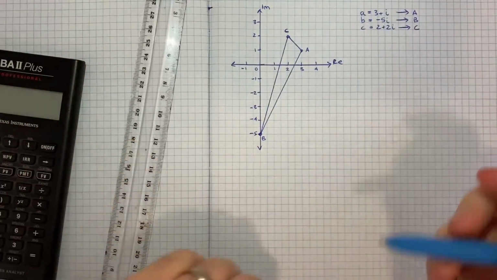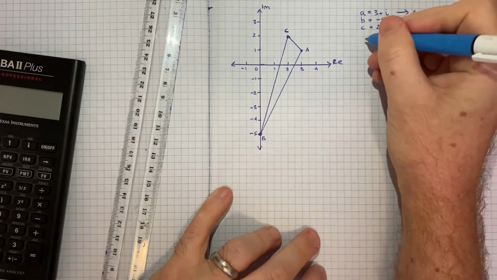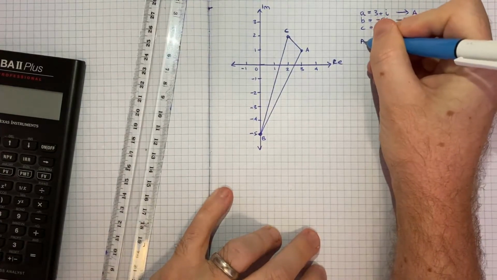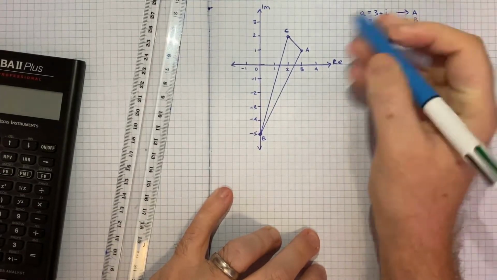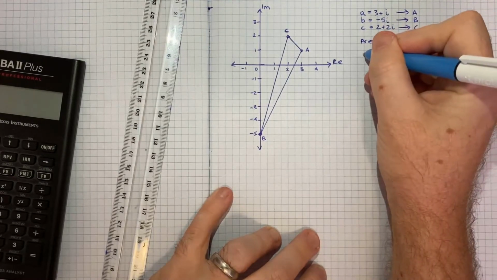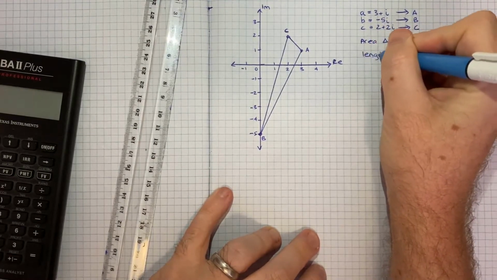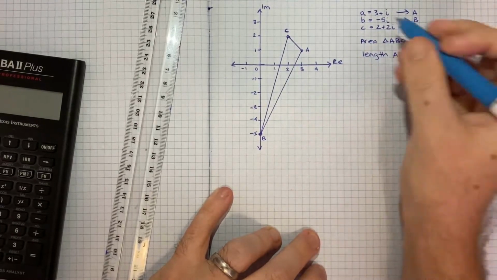Now we're told in the question that eventually we want to find the area of the triangle ABC, and we're going to do that by finding the length of AB and AC.